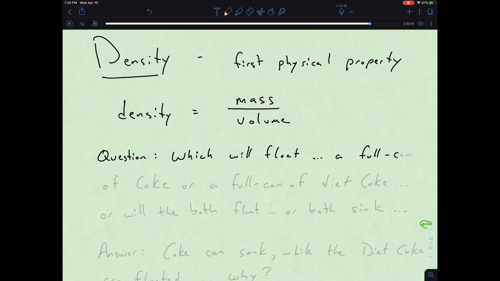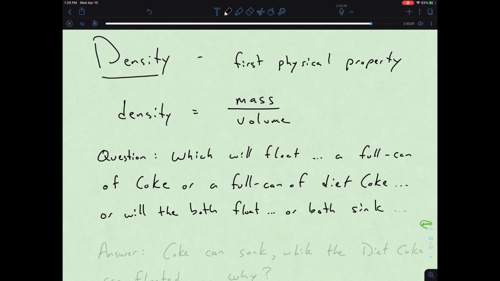A full can of Coca-Cola or a full can of Diet Coke? Or will they both float? Or both sink? Check this video right here. Maybe think about it a little bit, have a hypothesis, and see what happens.